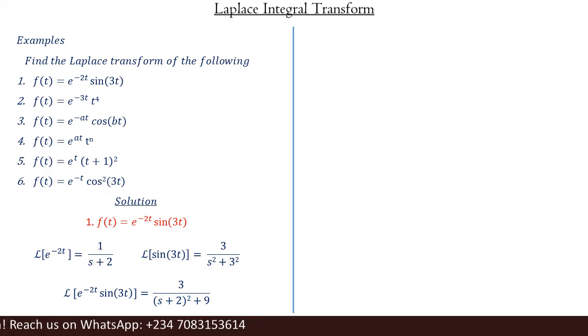Here we say that the Laplace transform of e raised to the power of minus 2t sine 3t is equal to 3 all over (s plus 2) in bracket squared plus 9. Are we together?